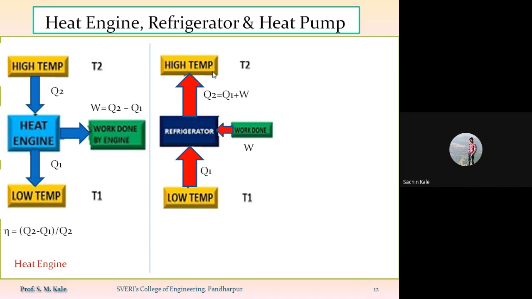Whenever that refrigerant absorbs heat from the substance which we have kept inside the refrigerator, that liquid refrigerant will get converted into vapor refrigerant.